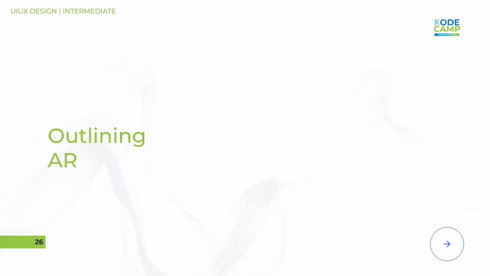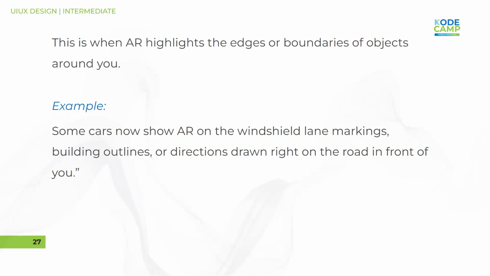We also have another type of augmented reality, outlining AR. This is when AR highlights the edges or boundaries of objects around you. For example, there are some cars that show AR lane markings on the windscreen. It outlines buildings, and directions are also drawn to show you where you are going.